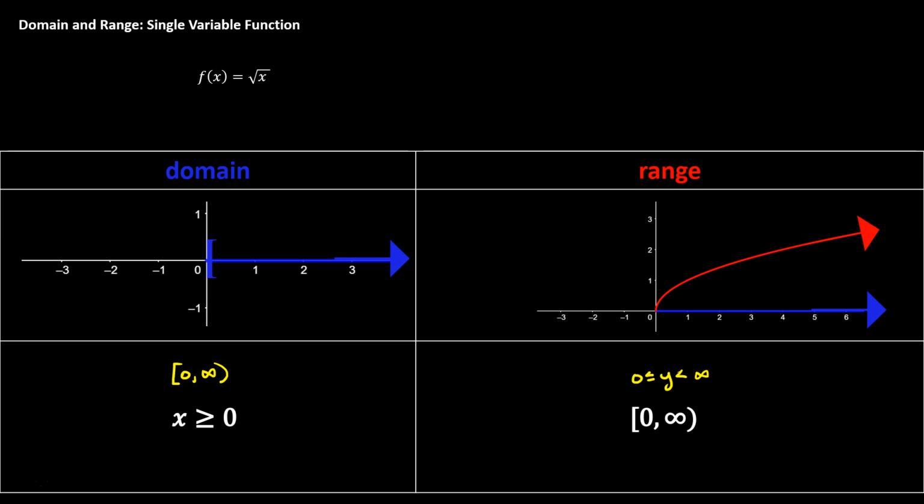So just to be clear, using interval notation, we would write the domain 0 to infinity. Using the inequalities, we call that inequality notation. Similar words, they mean different things, and they represent the exact same thing. So we've got to make sure we get the two of those clear.